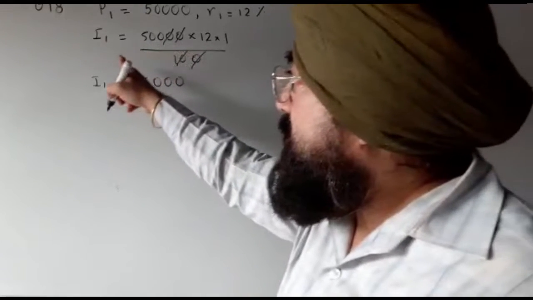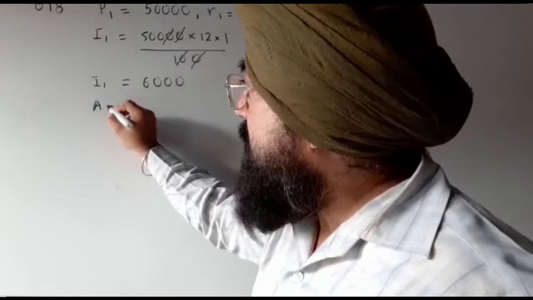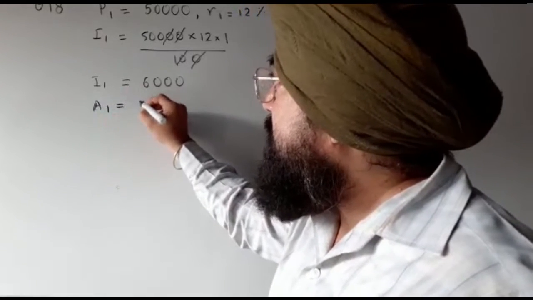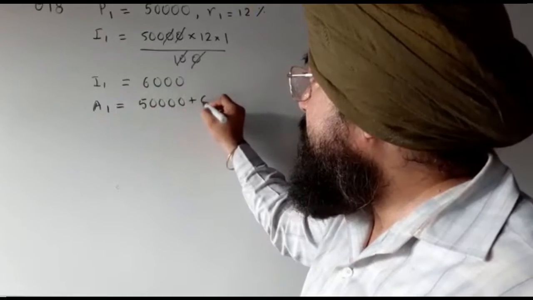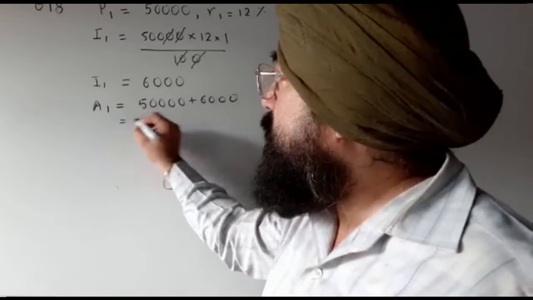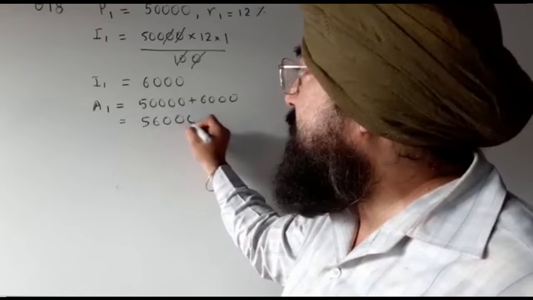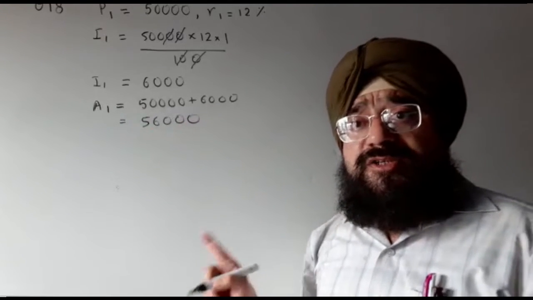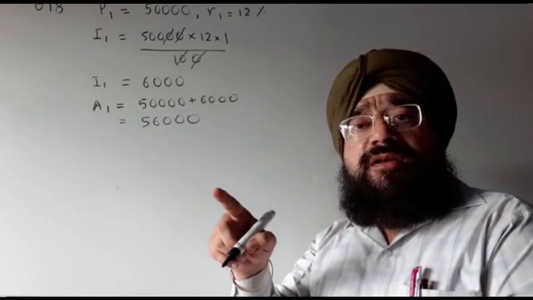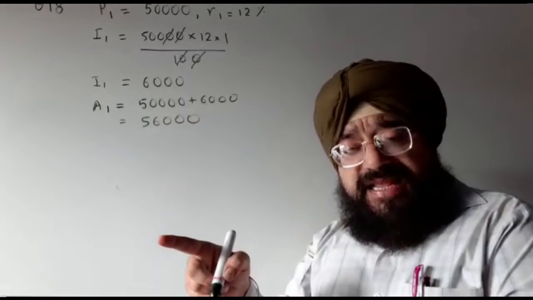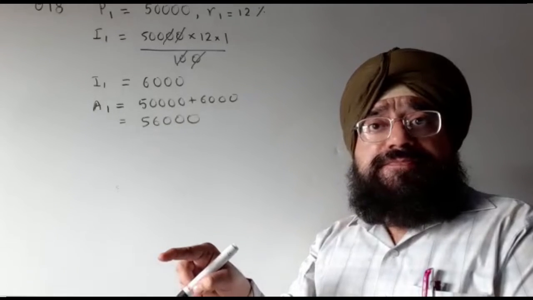So now this will lead you to the amount at the end of the first year, that is equal to 50,000 plus 6,000. So that comes out to be 56,000. This is what is due at the end of the first year, and this would have become the principal for the second year had she not returned anything.